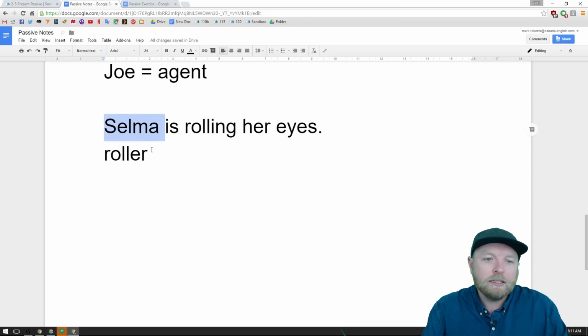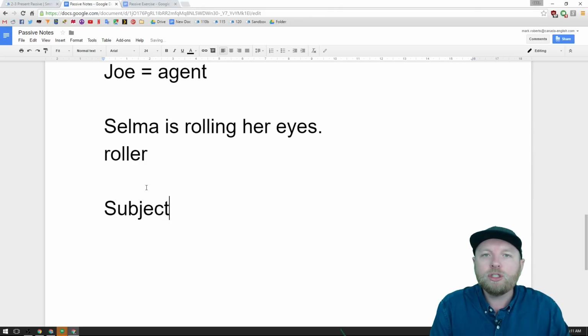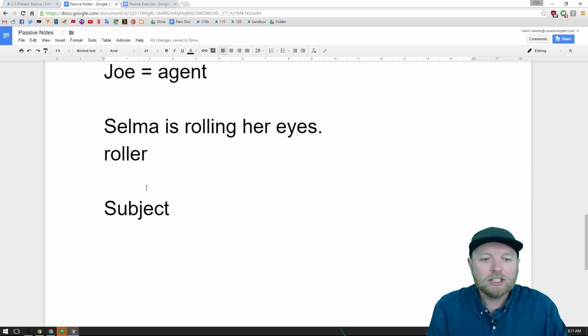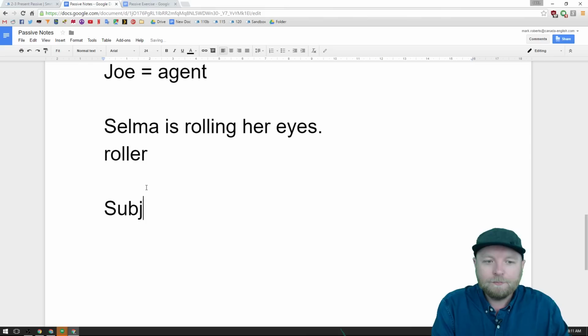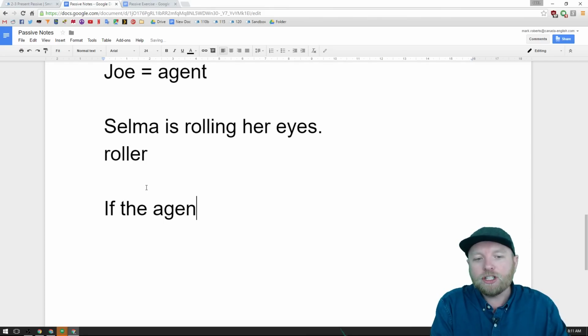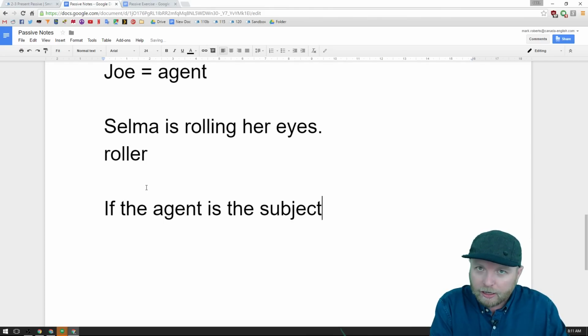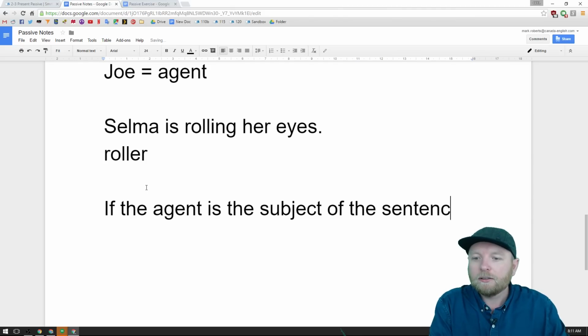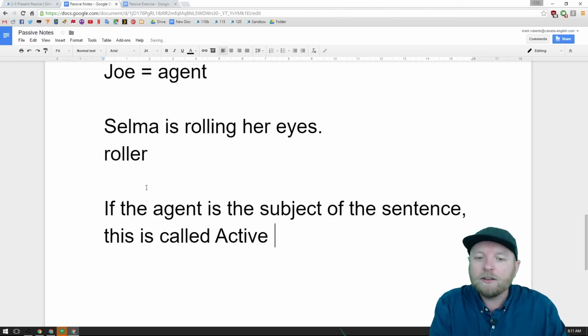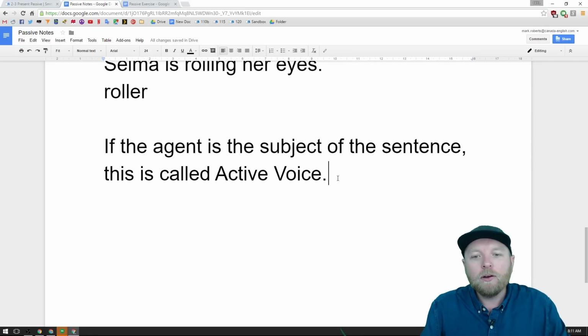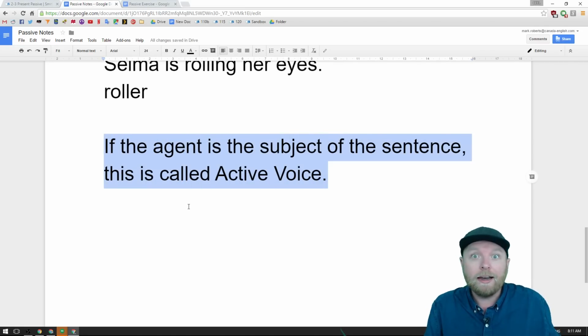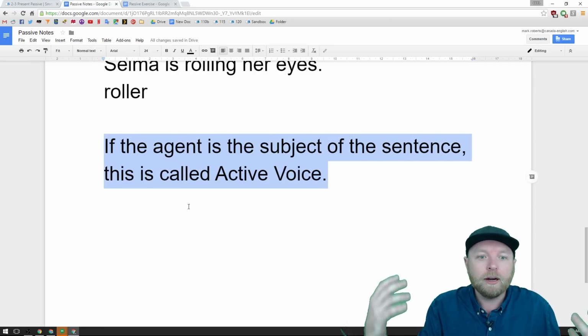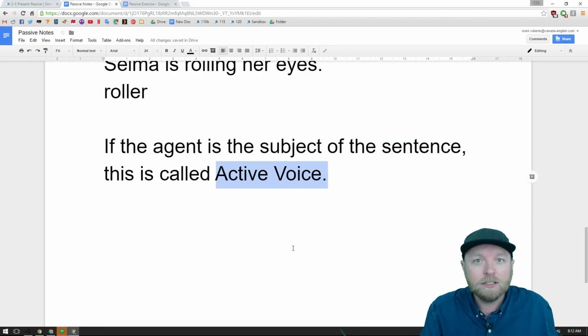Now, the agent of the verb is here. And usually the first word is the subject of the sentence, right? So if the agent is the subject of the sentence, this is called active voice. Now, usually me or Zach or everybody, we use the active voice.